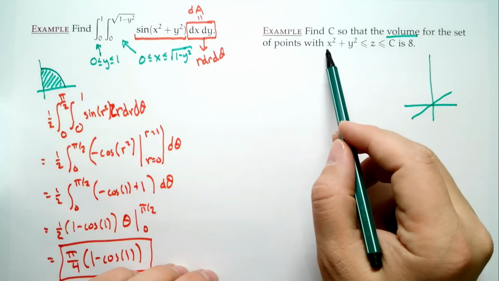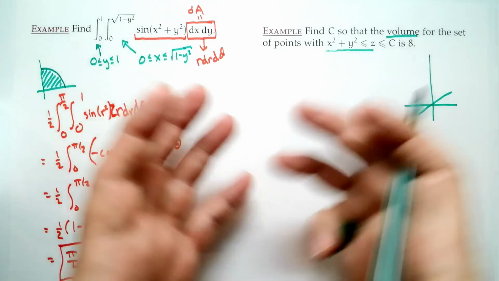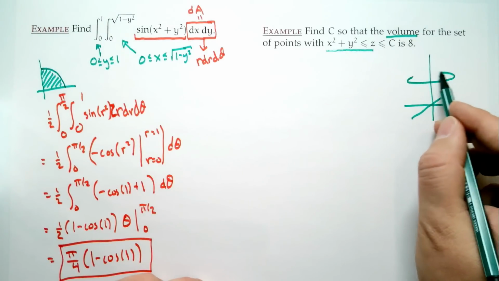Well, on the bottom part of the shape is x squared plus y squared equals z. What does that look like? It looks like a bowl.